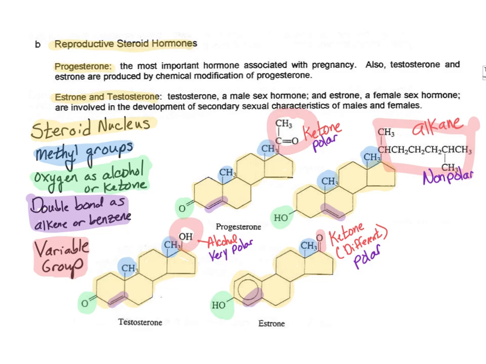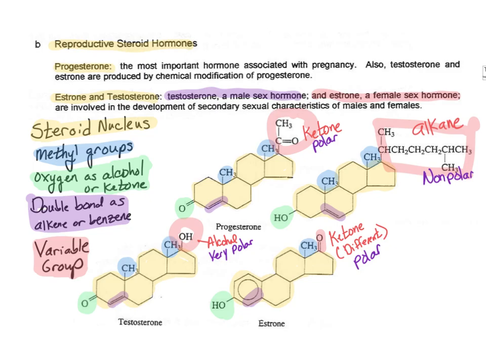So most people know that testosterone is considered the male hormone, and estrogen or estrone or progesterone are considered the female hormones. But are they actually only male and only female? Well, it ends up that in our body we all have all of them, and the difference is just how much you have.